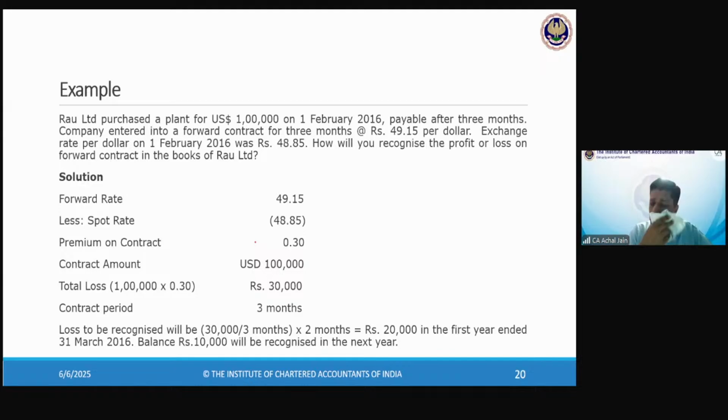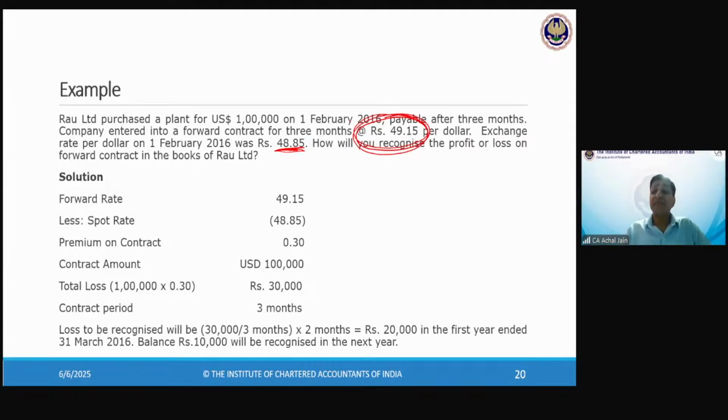Exchange rate per dollar on the date when the company entered into this transaction was 48.85. So what is the forward rate in this case? Can you tell me? 49.15 means the rate which has been agreed for future. So this is the forward rate.